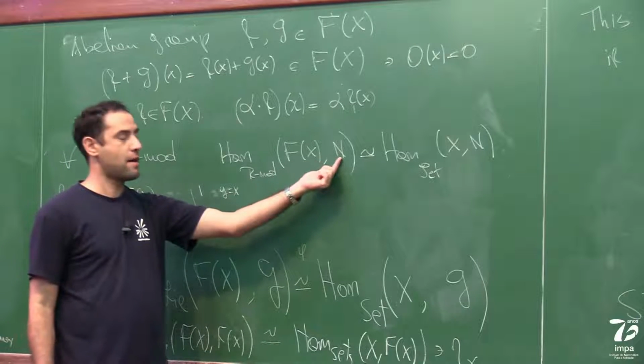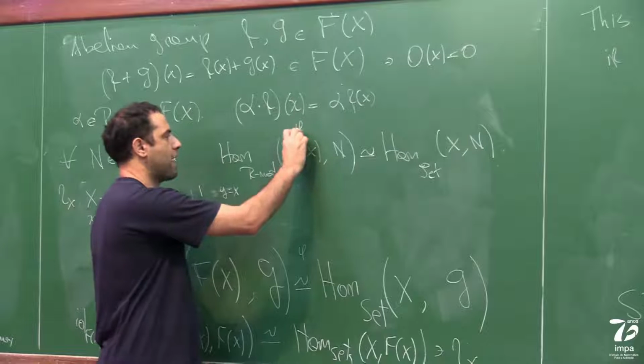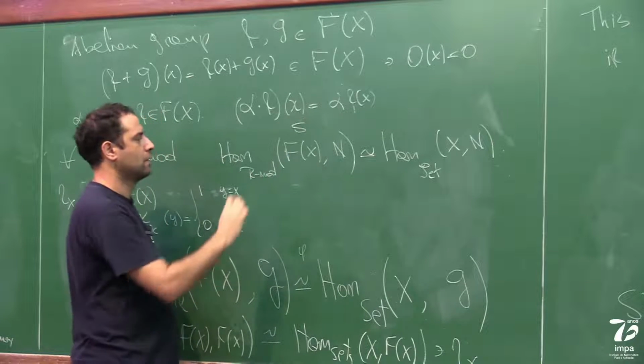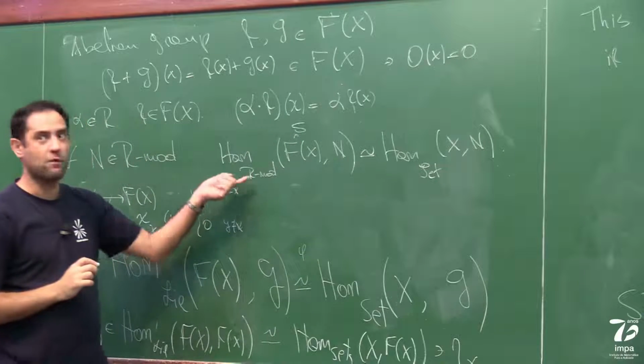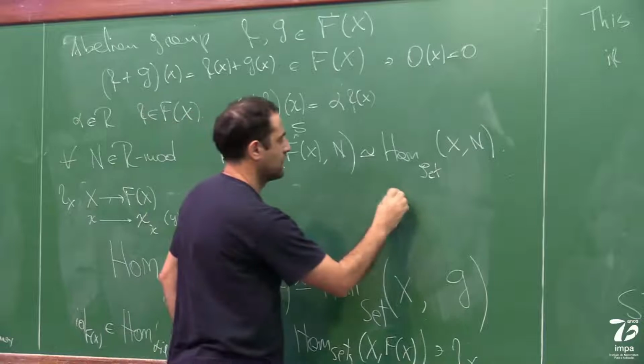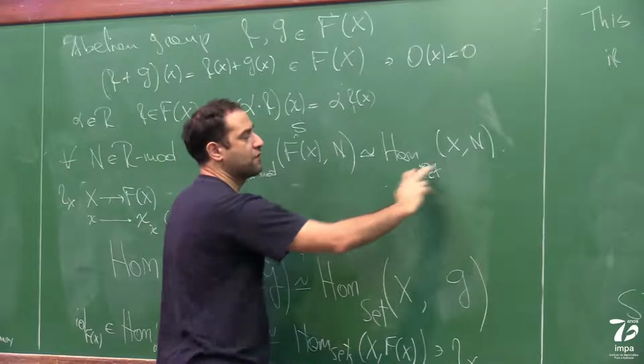If you give me a module N, let's say that you have some s, which is a homomorphism of R-modules from F(X) to N, then you can restrict. You need to get a map of sets here.